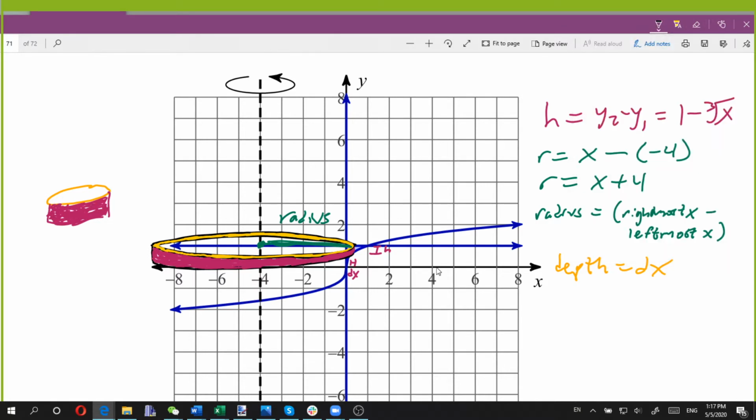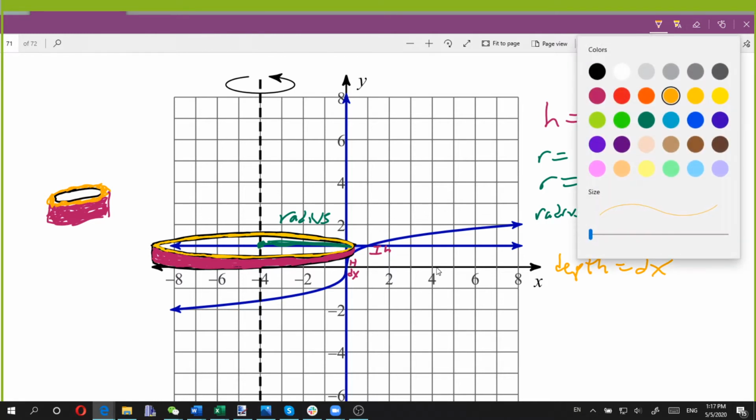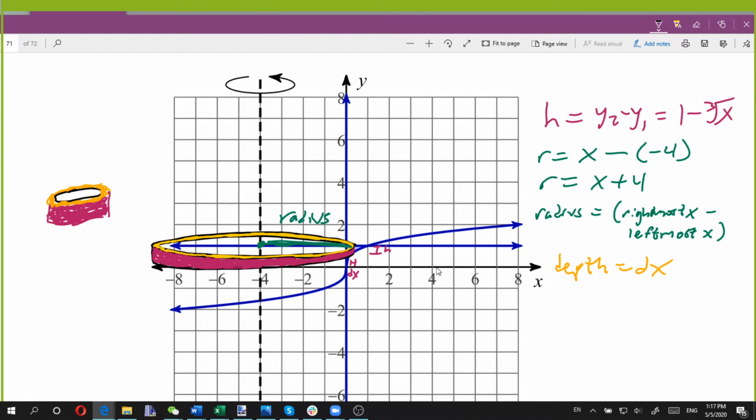If I was to cut this cylinder such that we had something like this, then we could unfurl it into a rectangle.